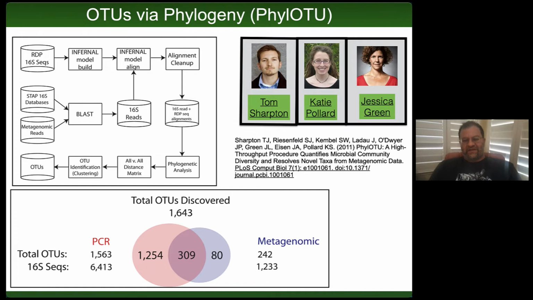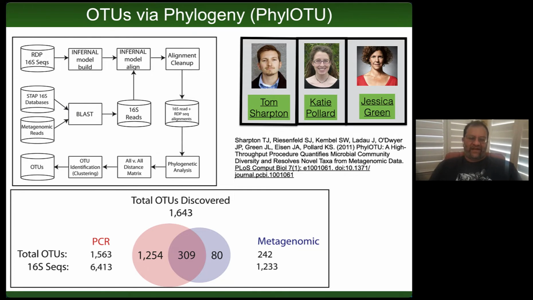Many people at the time were trying to clump together ribosomal RNA sequences into operational taxonomic units, that is OTUs, that is a set of sequences that are closely related enough that we're going to call them roughly the same thing. People also do this now with other methods like looking for ASVs and such. Same general idea. You try to find a cluster of things that are so similar to each other that they might roughly represent the same taxon.